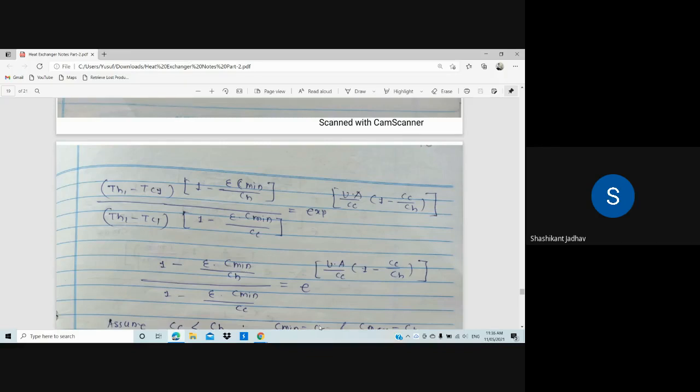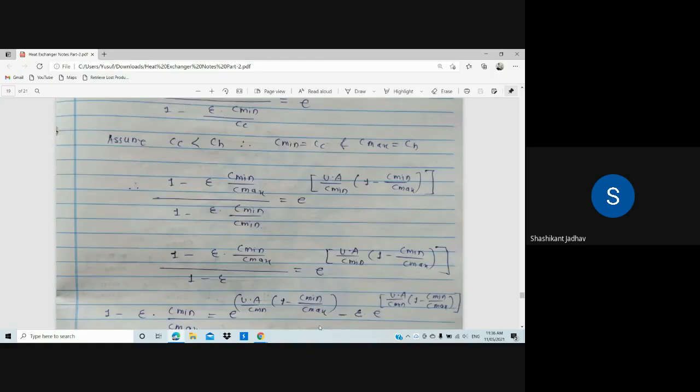Okay. So in the first case, we have to consider or assume Cc is less than Ch. Means what? C minimum is nothing but Cc and C maximum is nothing but Ch. So instead of Cc, we have to put the C minimum, and instead of Ch, we have to put the value as C maximum. Assume Cc is less than Ch.